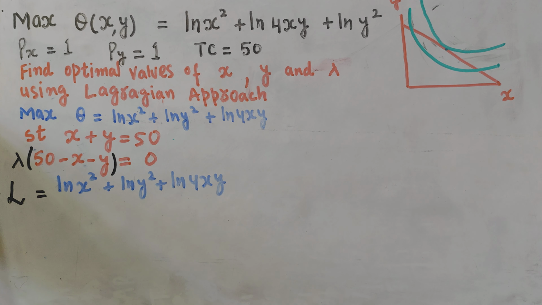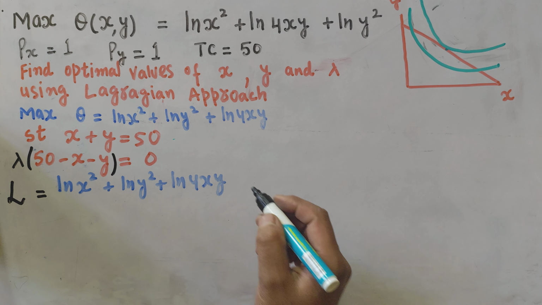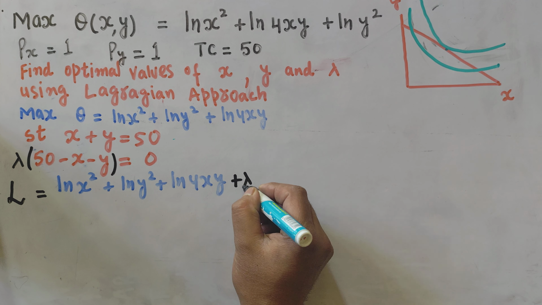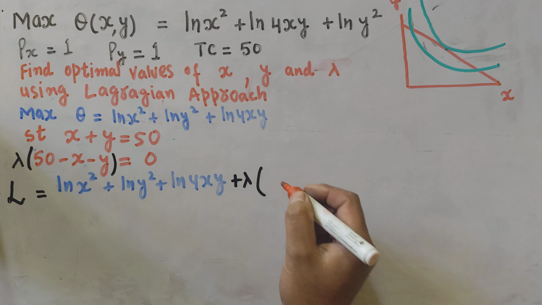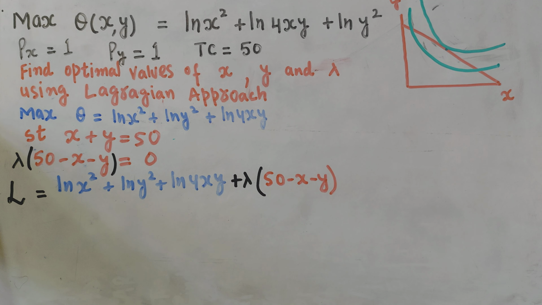The Lagrangian function is formed by adding the objective function and the resulting constraint that we have constructed. So then we have lambda times 50 minus x minus y. This is our Lagrangian function.